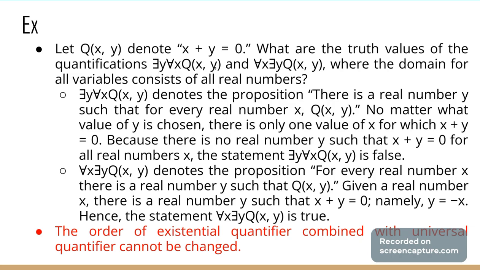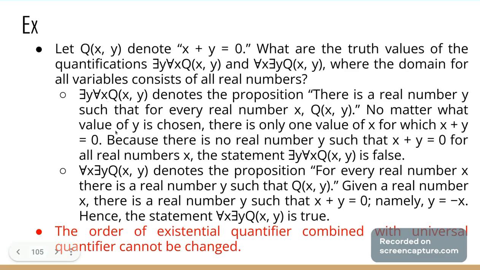There exists y for all x Q(x, y). This denotes that there is a real number y such that for every real number x there is an additive inverse. That is what the statement means, that there is one real number which is the additive inverse of all other real numbers.